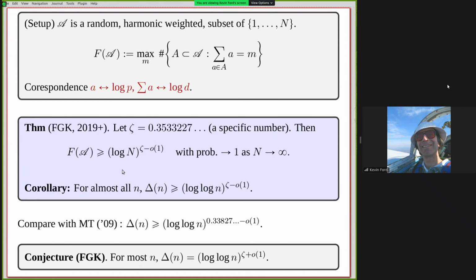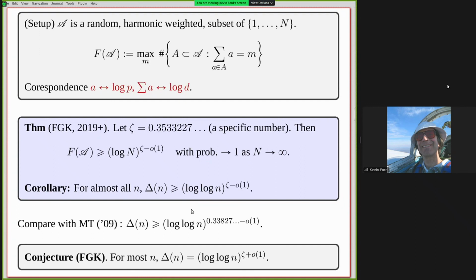And as a corollary, we show that the delta function is greater than log n to the same exponent for almost all n. So in particular, we disprove the conjecture of Meyer-Tenenbaum. If you compare our exponent with the 0.338 exponent here, it is a little bit better.